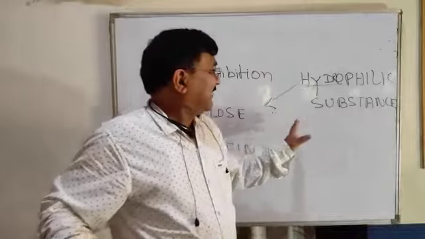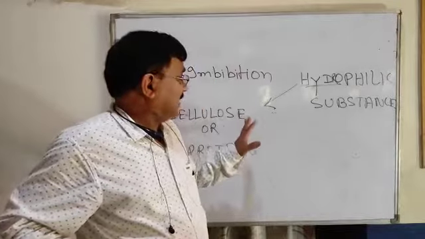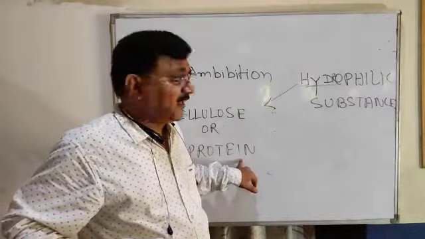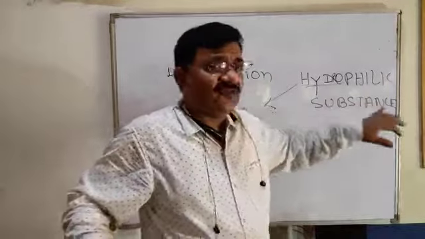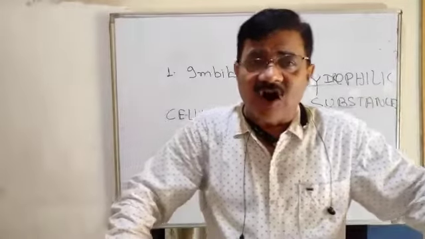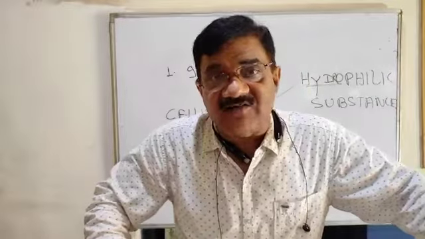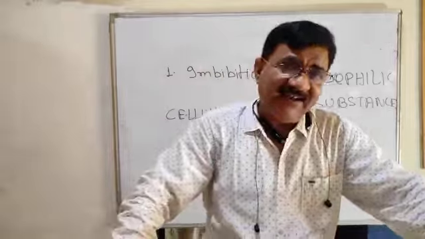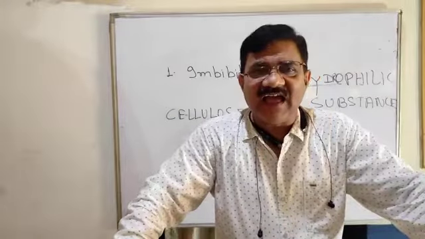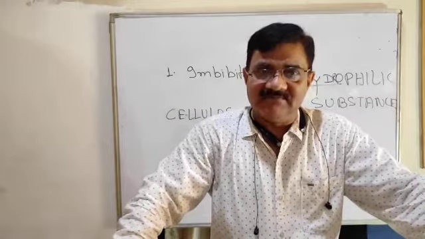So the plant cell wall is made up of cellulose and the plasma membrane of protein, and they are hydrophilic substances with great affinity towards water, and due to this affinity only they absorb water.